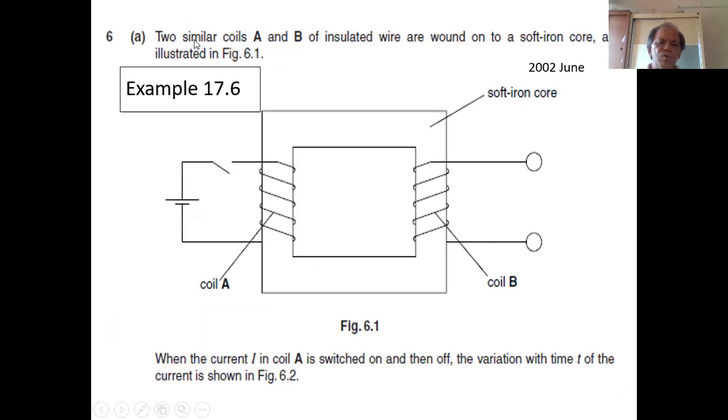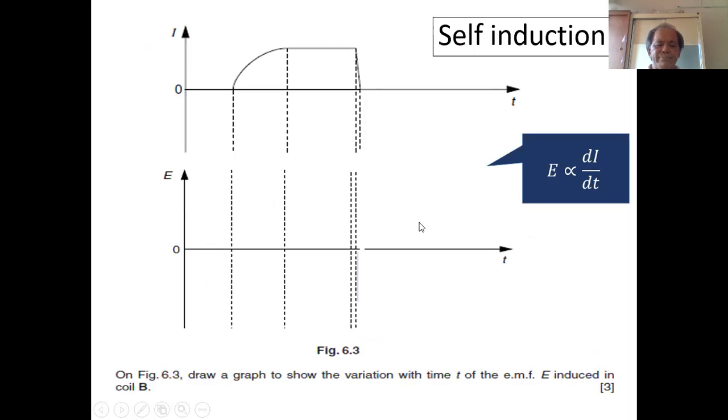Okay. Two similar coils A and B of insulated wire are wound onto a soft iron core. The current I in coil A, close the switch there, is switched on, then off, and you're given the graph of the variation with time t. On this figure, draw a graph to show the variation with time t of the EMF induced in the coil.